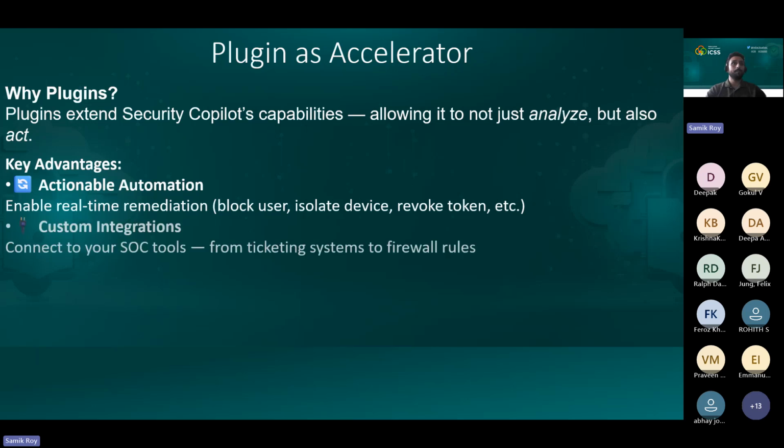Obviously, there will be something actionable as the outcome, and that will also help us reduce the time to take action, so that you can contain faster. Here are some examples I have depicted. Enabling some real-time remediation, which can be blocking a user, isolating a device, or revoking a token, right? Revoking an access token.